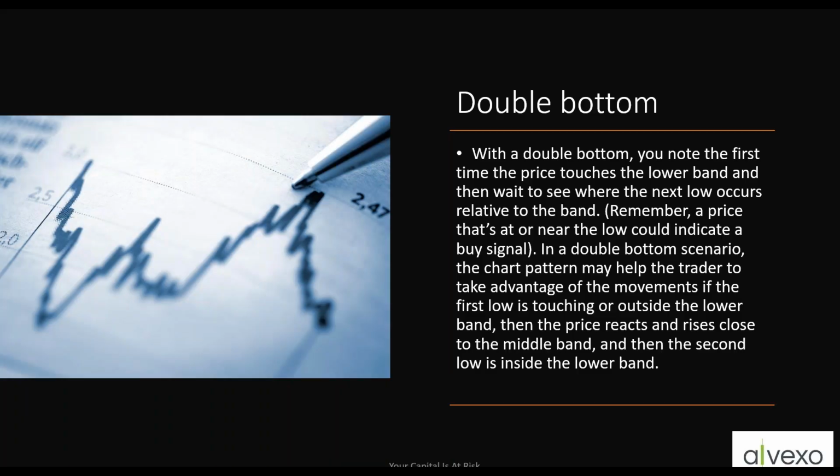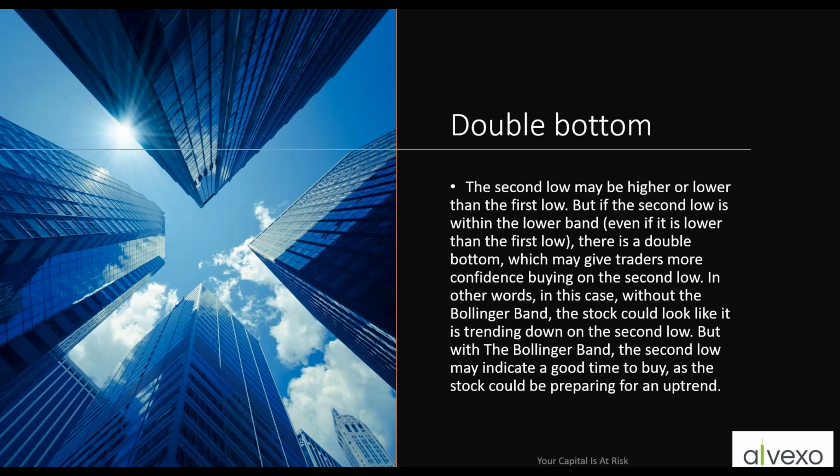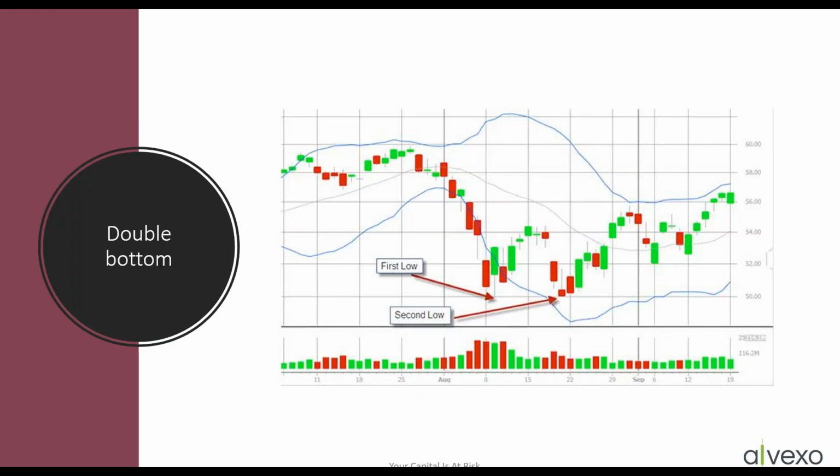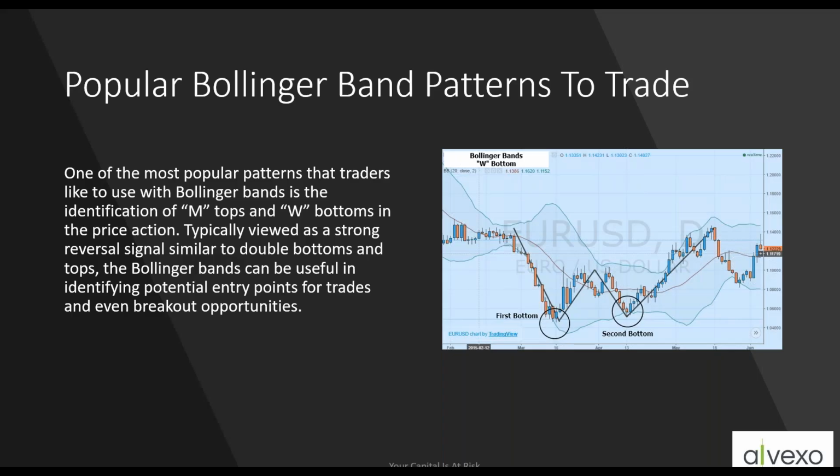Now, there's a pattern that develops in a Bollinger Band, and it's the W and the M, which are basically double bottoms and double tops. But in a Bollinger Band, in our type of market, this takes too long to develop and show itself.